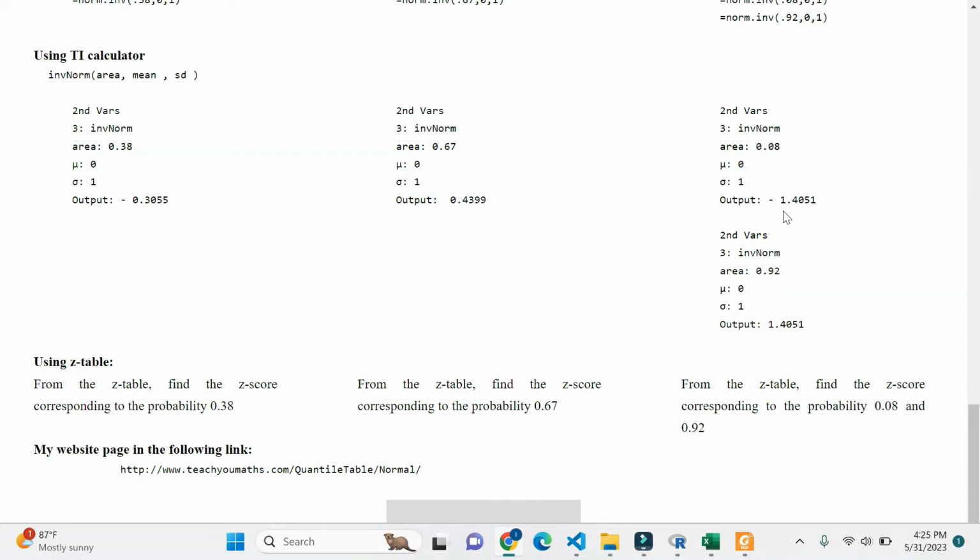This outputs negative 1.4051, the lower quantile of middle probability. Last, enter the area 0.92, which produces the quantile 1.4051, the upper quantile of the middle probability.